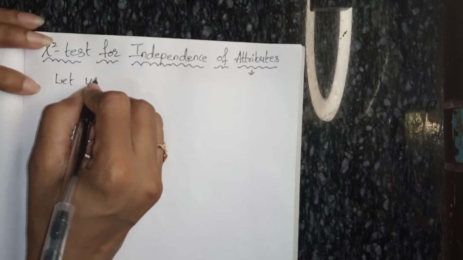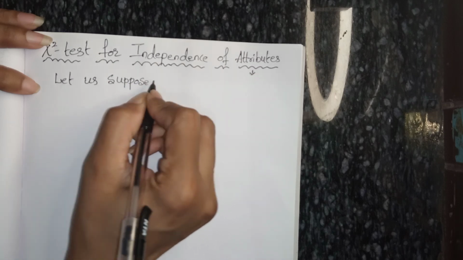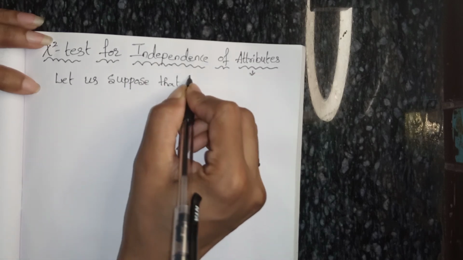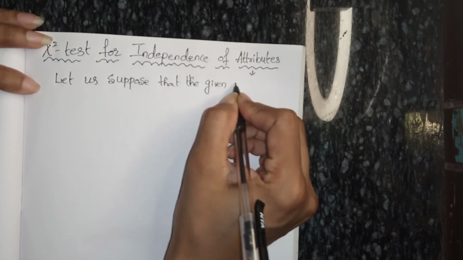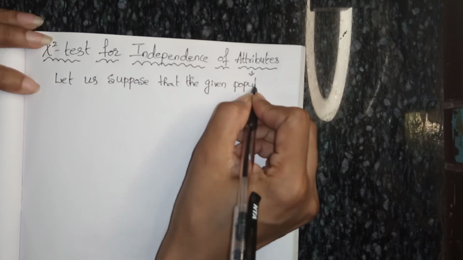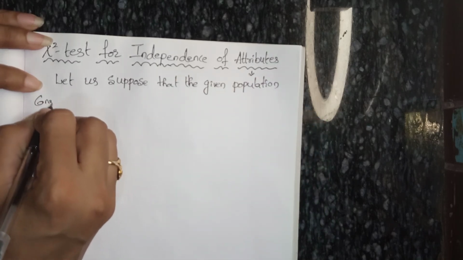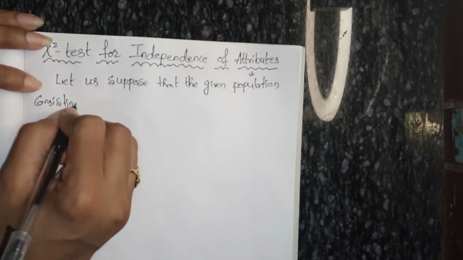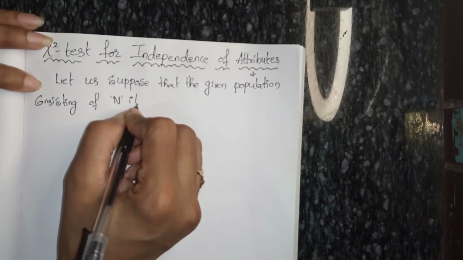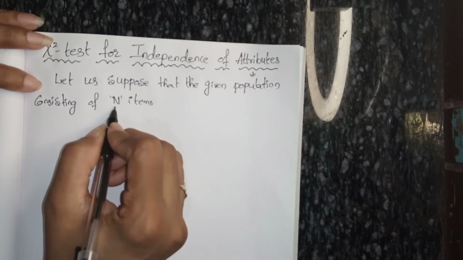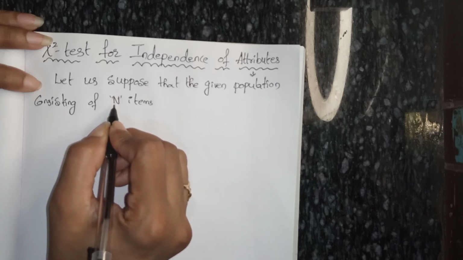Let us suppose that the given population consisting of capital N items. Capital N means what? Population size, not sample size.